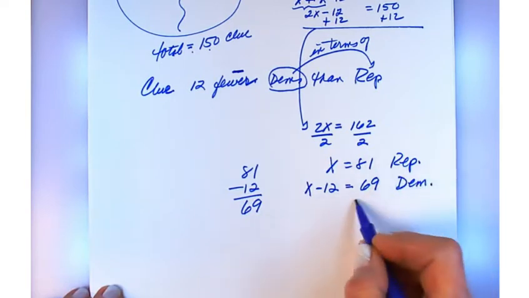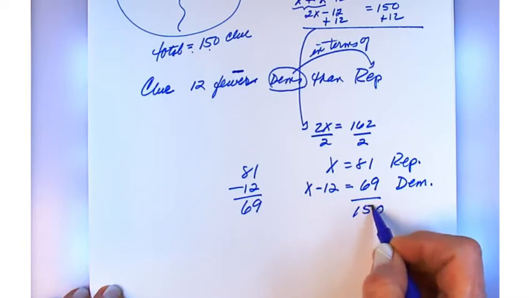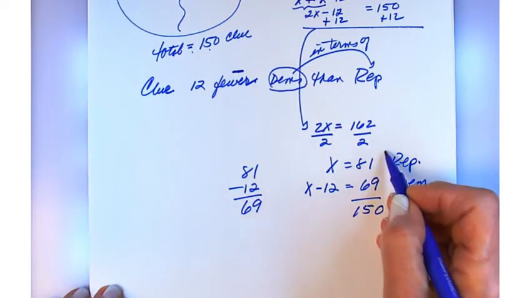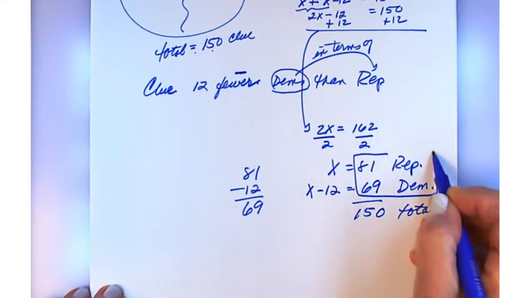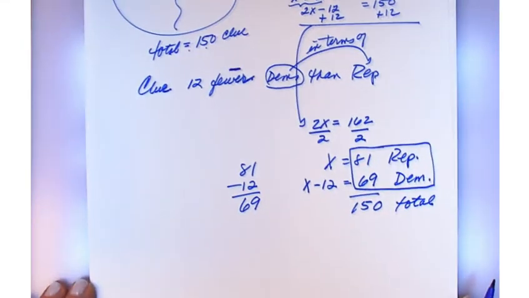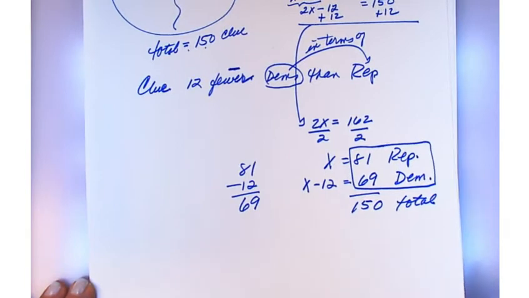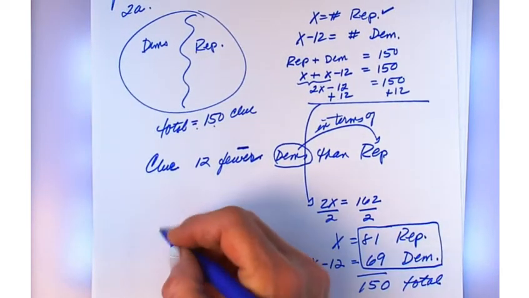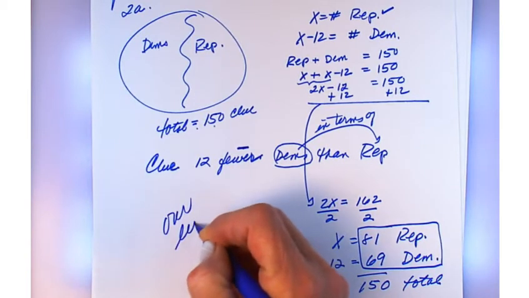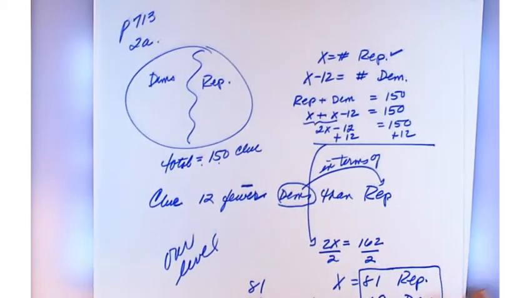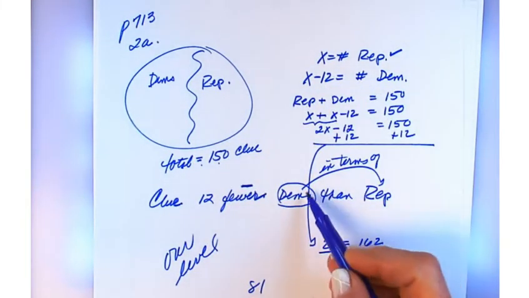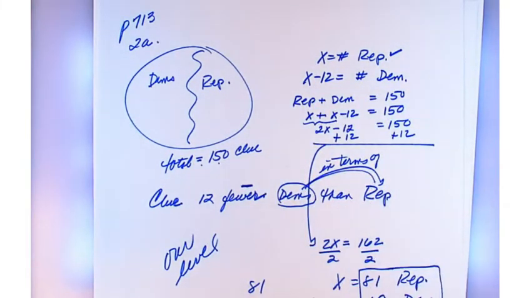Add this up: 10, carry 1, 150 total. So here is our answer, and this is exactly our level. Okay? So draw any hint that you can. You want to always look to see what is in terms of the other thing.